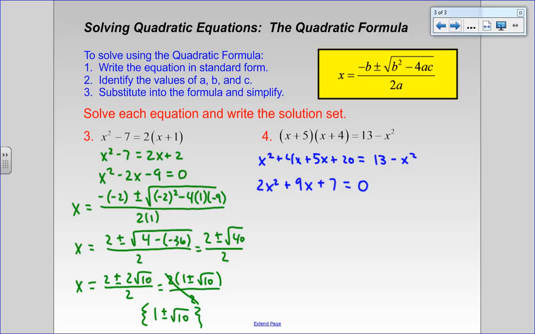Now substituting into the quadratic formula, we have x equals negative 9 plus or minus the square root of 9 squared minus 4 times 2 times 7 all over 2 times 2.